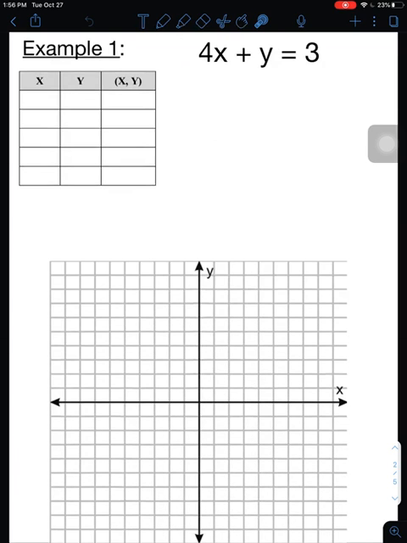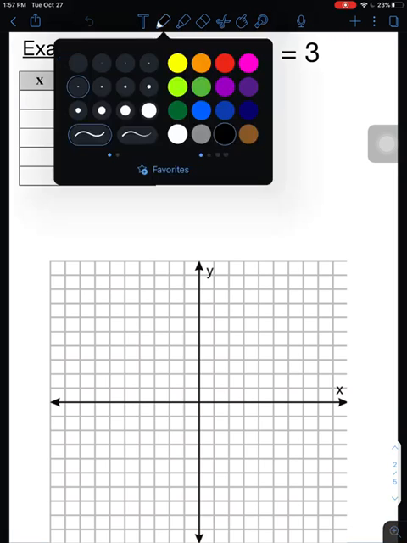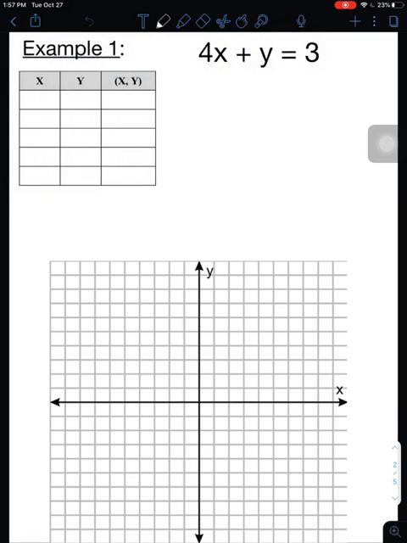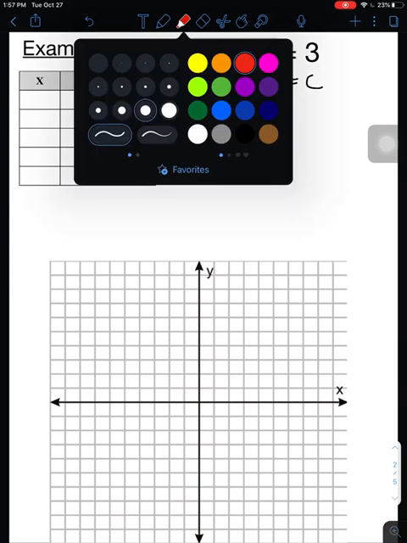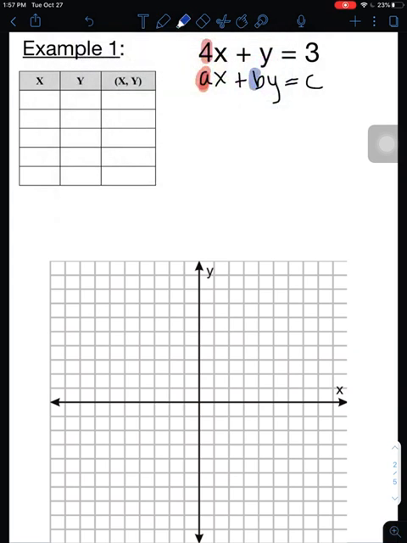So example number 1. As you can see, we have 4x plus y equals 3. If I want to show you how this is a standard form, I can say ax plus by equals c, where my a is 4, my b is my invisible 1.